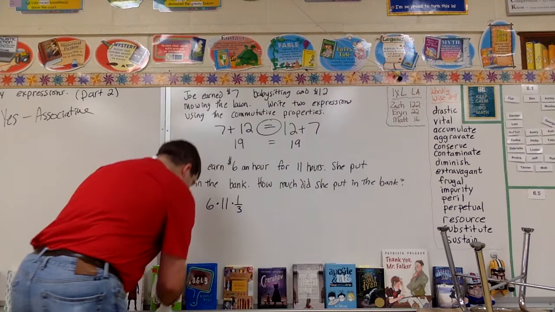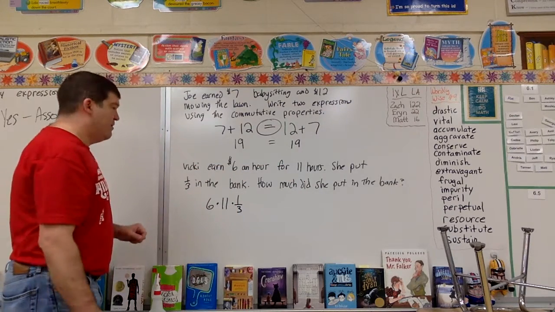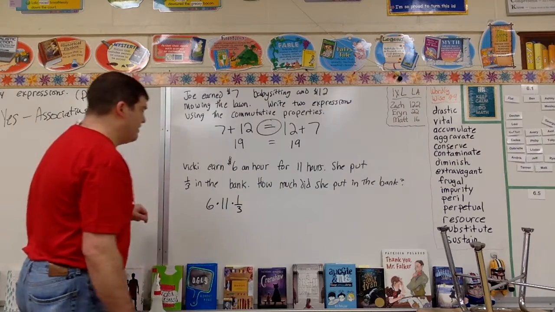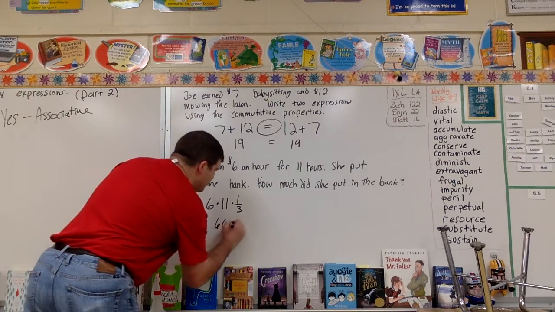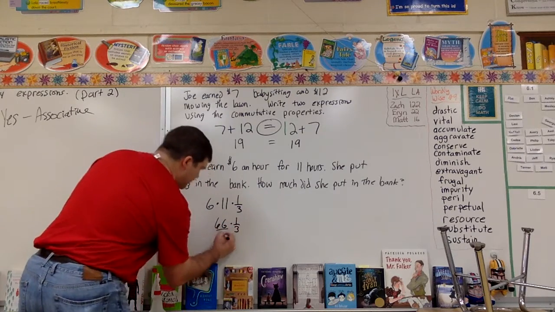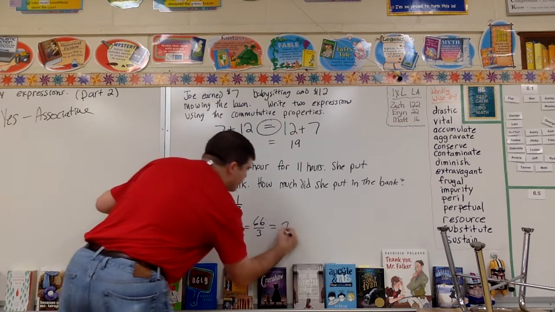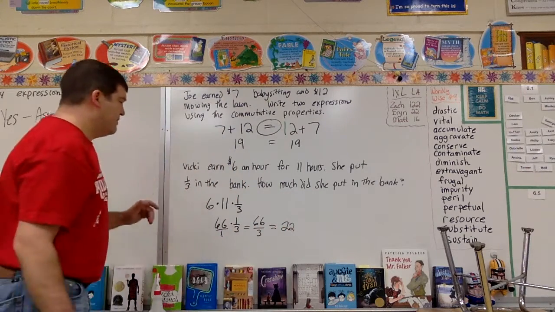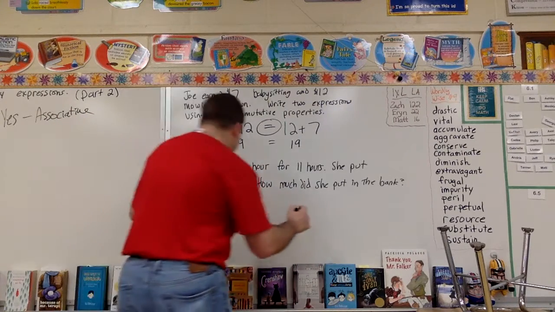So this one is just kind of reading the problem and seeing if you can figure out what she put in the bank. So 6 times 11 is 66, times 1/3. And the way to do that is you go like this: 66 divided by 3 equals 22. Okay. What if I would go, let's move stuff around.